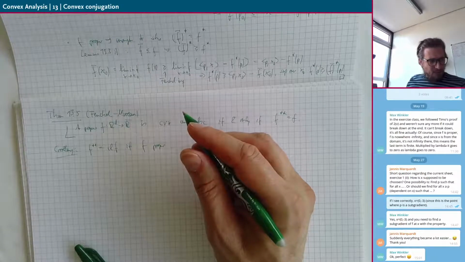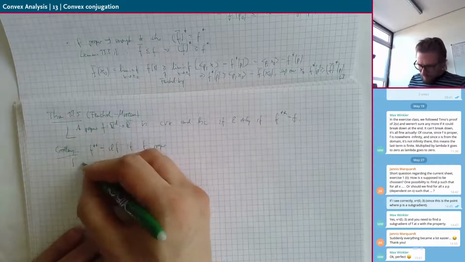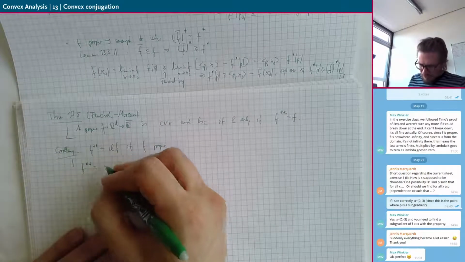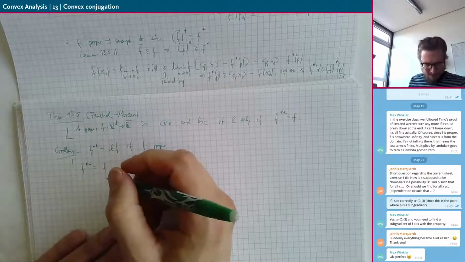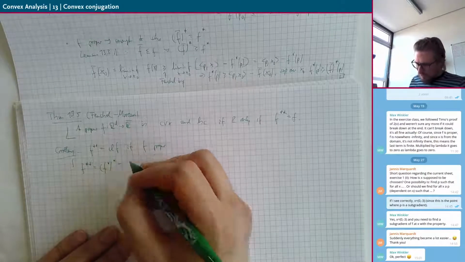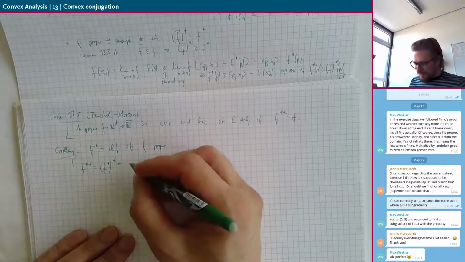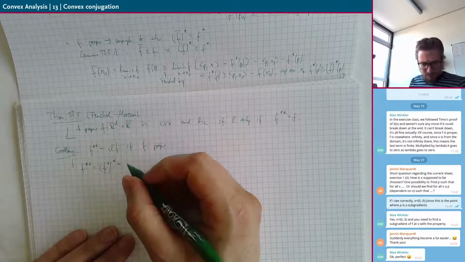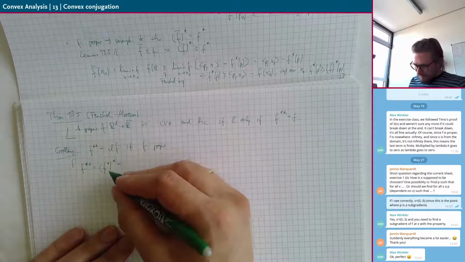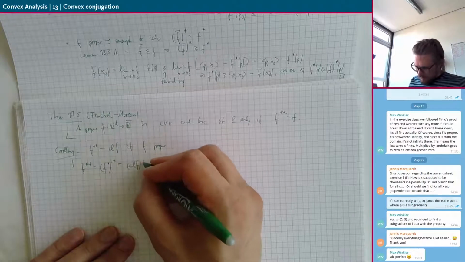Okay, and this follows very simply. We have that the biconjugate is equal to the conjugate of the conjugate, and the third point of the previous lemma showed us that the conjugate of f is the same as the conjugate of the closure.